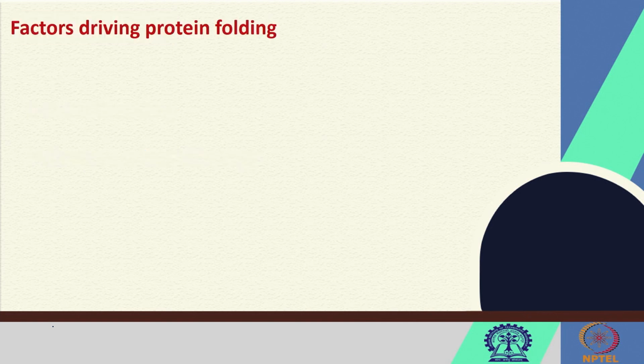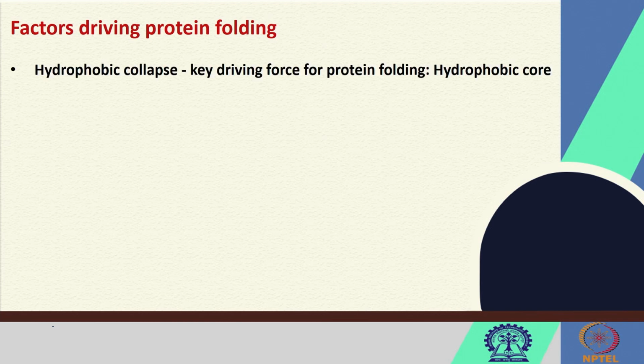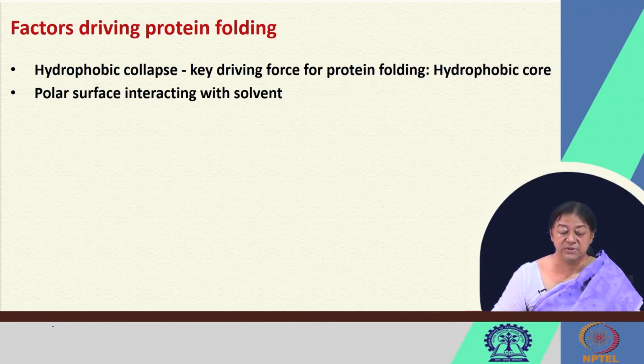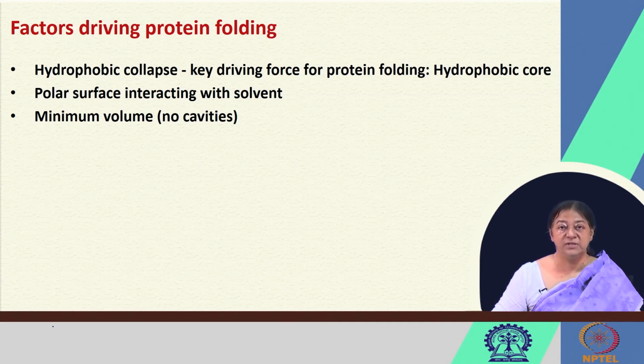So, as we saw, the factors that drive protein folding are hydrophobic collapse that results in the formation of the hydrophobic core. We have the polar surface that interacts with the solvent. We have a minimum volume that is occupied so that it is a compact structure.